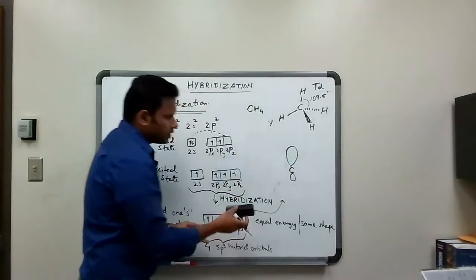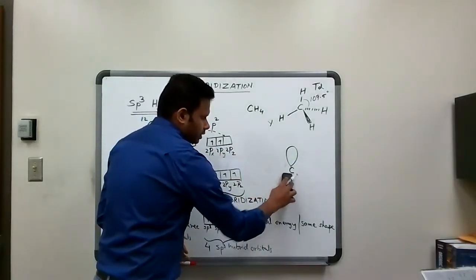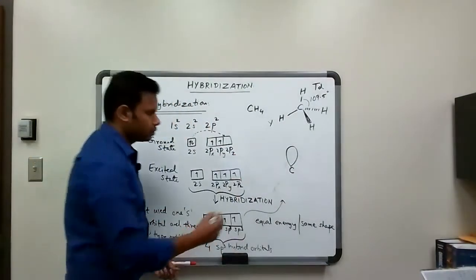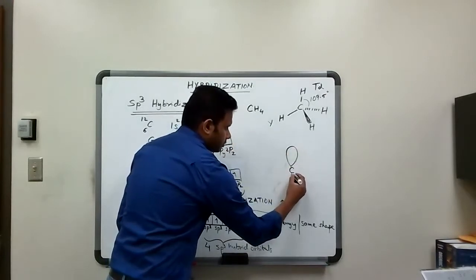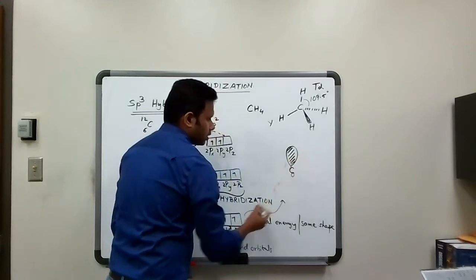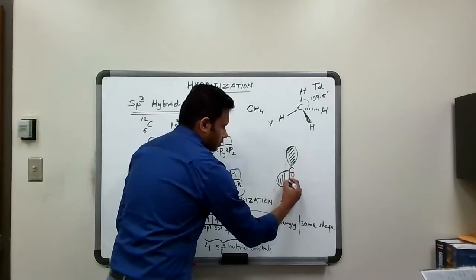Usually when we draw it, we don't show this smaller lobe. It's there, but it's difficult to show. So we have one lobe here, and then we have another lobe here.